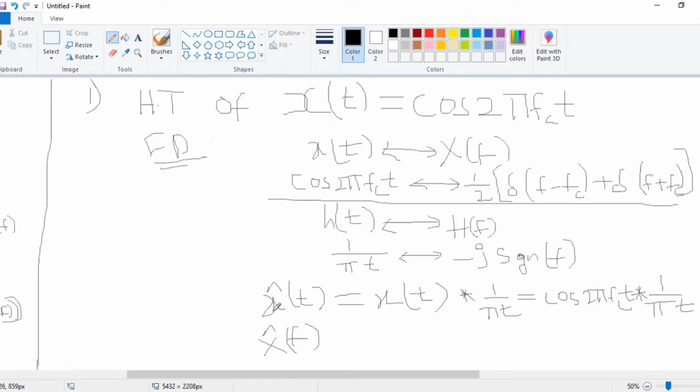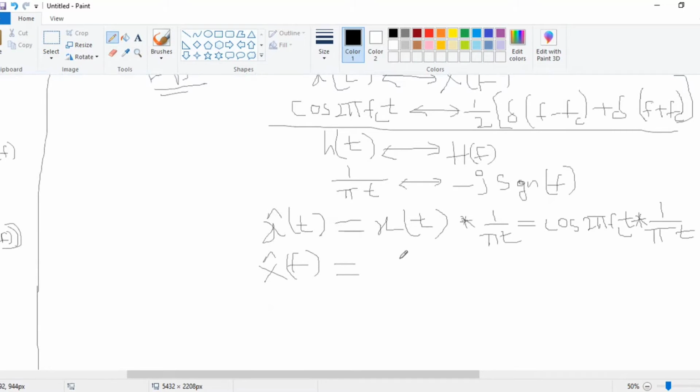Now I am considering the Fourier transform. So x cap of f will be equal to, what do I need to do? I need to multiply the Fourier transform of x(t) with H(f). What is the Fourier transform of x?